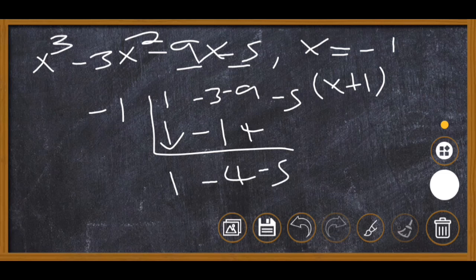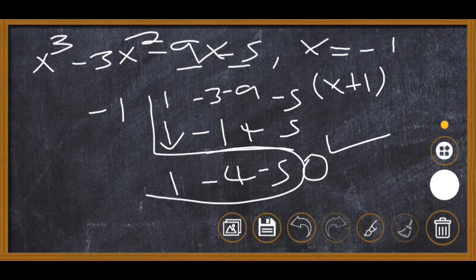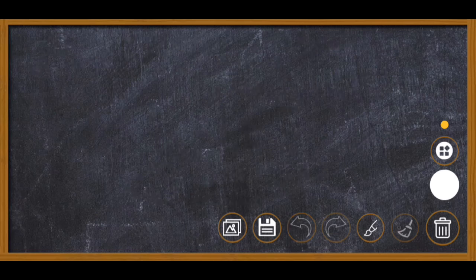Then -5 multiplied by -1, we are going to have 5 here. Then -5 added to 5 is 0. Okay. So this one is our remainder, but we only get the first three values. That is 1, -4, and -5. So let's do that. So 1, -4, -5.